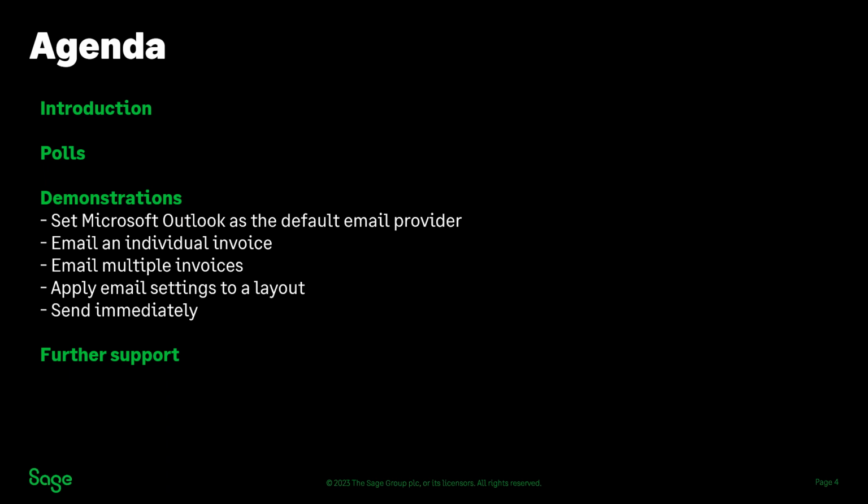I'll be sharing my desktop at that point, and we'll be running through pretty much just a big demonstration in that area. At the end, we'll explain more about the additional support, and there's loads available for email, whether you're working with Outlook or a webmail program. But today we're going to be concentrating on integration with Outlook. So we'll get started.